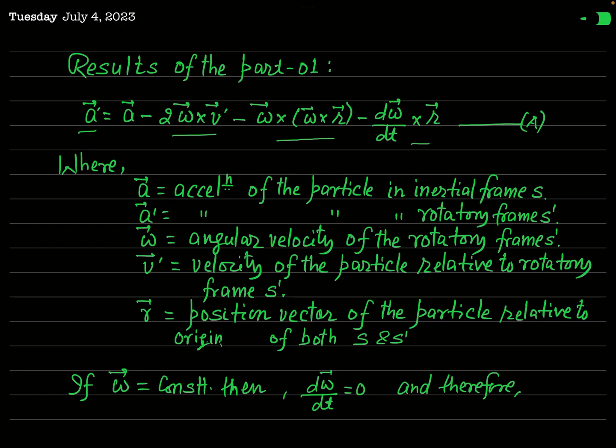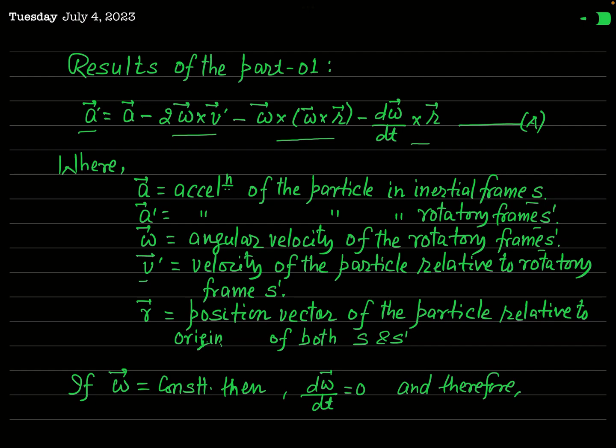In this expression, A represents the acceleration of the particle in inertial frame S, and A prime is the acceleration of the same particle with respect to the rotatory frame S prime, which is a non-inertial frame. Omega here is the angular velocity of the rotatory frame S prime.